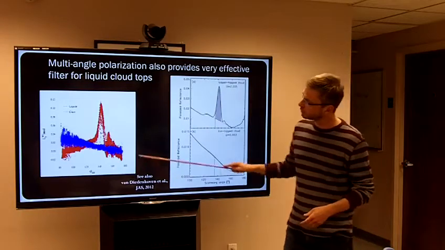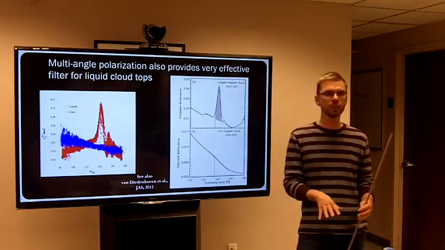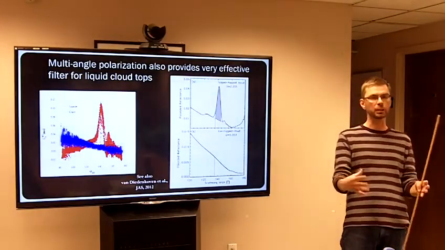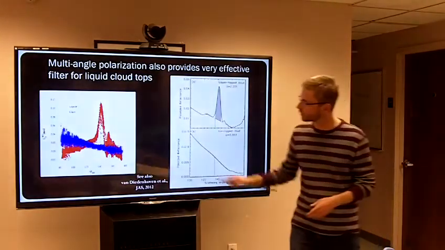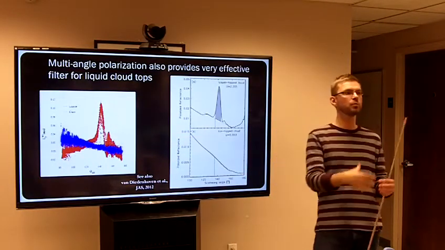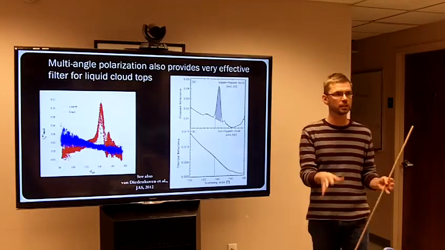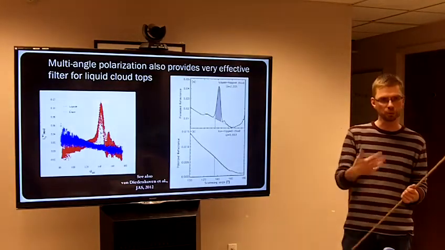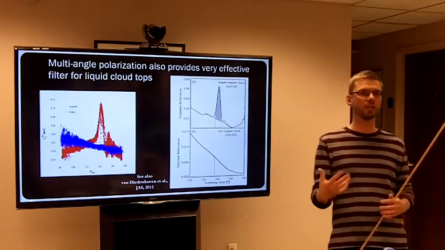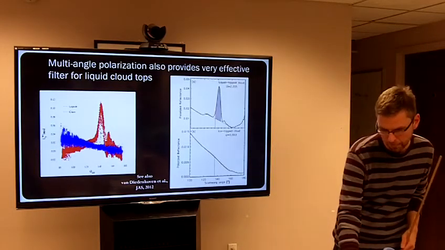So we can filter out any pixel that has some amount of liquid in it by looking at these scattering angles. If we see anything that looks like a rainbow signature, we throw those out. So it's very well filtered for any liquid clouds in the pixel.